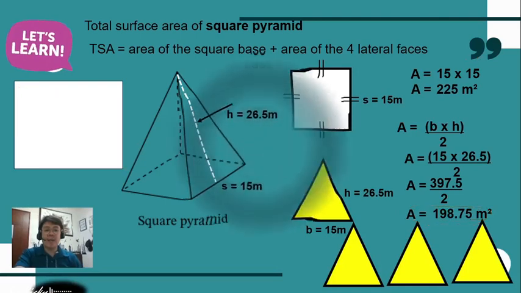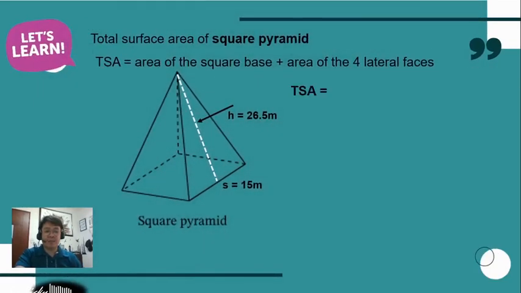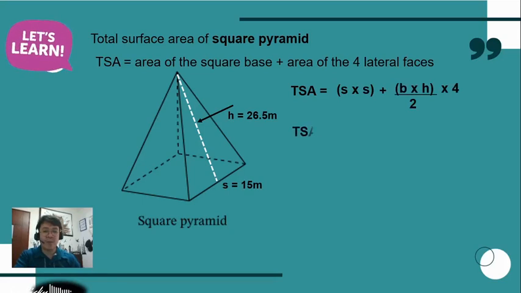Or we can just follow this formula. TSA is equal to side times side, which means the area of the square, plus the area of the 4 lateral faces, base times height divided by 2 times 4. Wherein S is equal to 15 times 15 plus base 15 times height 26.5 divided by 2 times 4.